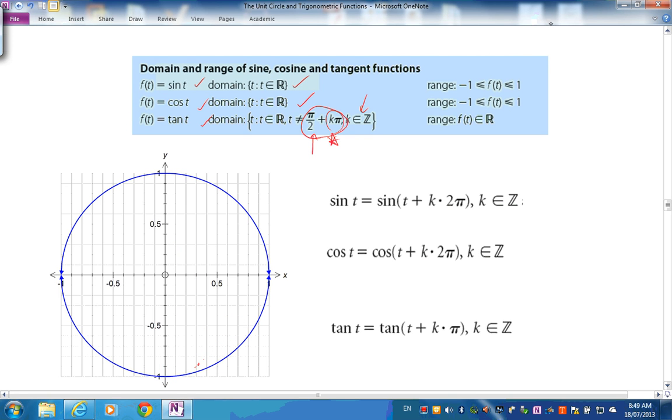Then over here, the range is between -1 and 1. Notice they've used f of t to avoid the confusion as we had earlier, with the y value being the y value of the function, or the y coordinate of going around the circle.